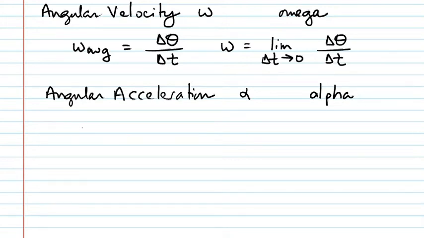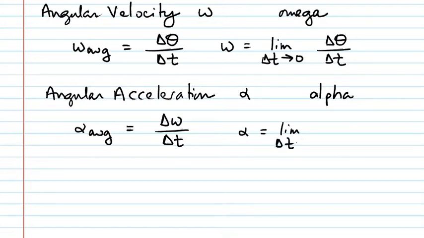And here we're going to have the average angular acceleration is equal to the change in the angular velocity divided by the elapsed time. Or if we want the instantaneous angular acceleration, that's going to equal this limiting idea once again.